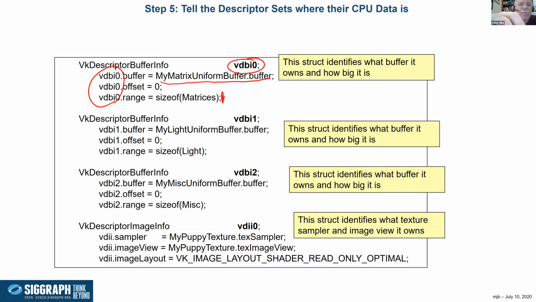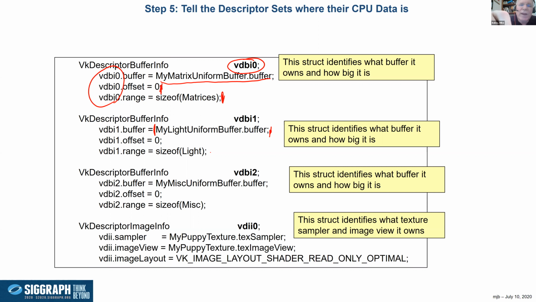And we can put multiple things in the same buffer information. That's why there's an offset. We're not using it. Here is the second one, the variable for the lighting. Here's the size.